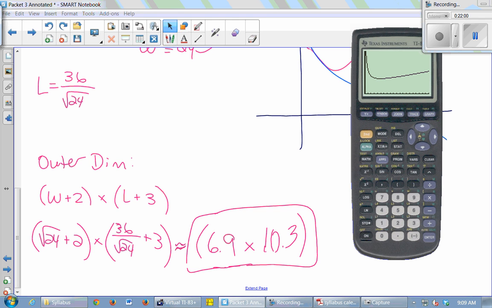And it does appear that there's a minimum here. And we were right about the end behavior. It goes to infinity near 0, and that looks like it's going to be heading up towards infinity. So I do second calculate, minimum, give a left bound and a right bound and a guess. Oh, whoops.